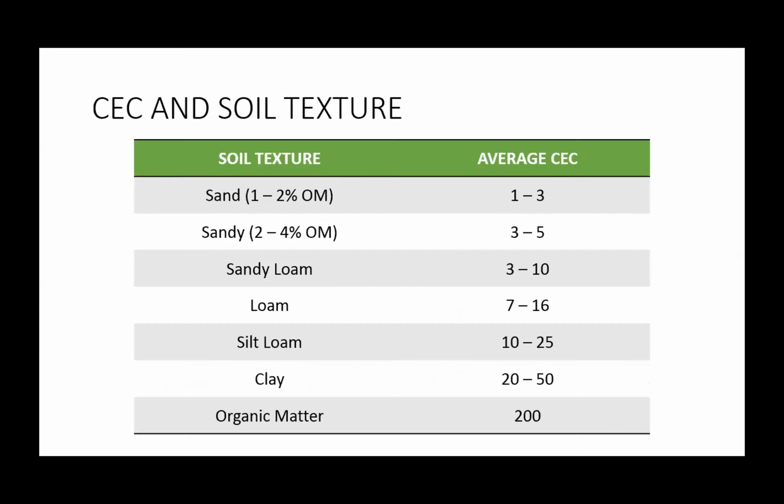So because the clay particles hold the nutrients, the more clay you have, the greater capacity you have to store nutrients and exchange them. So sandy soils with just a little bit of organic matter are going to have very low cation exchange capacities, because organic matter can also hold nutrients like this. It's often negatively charged as well.